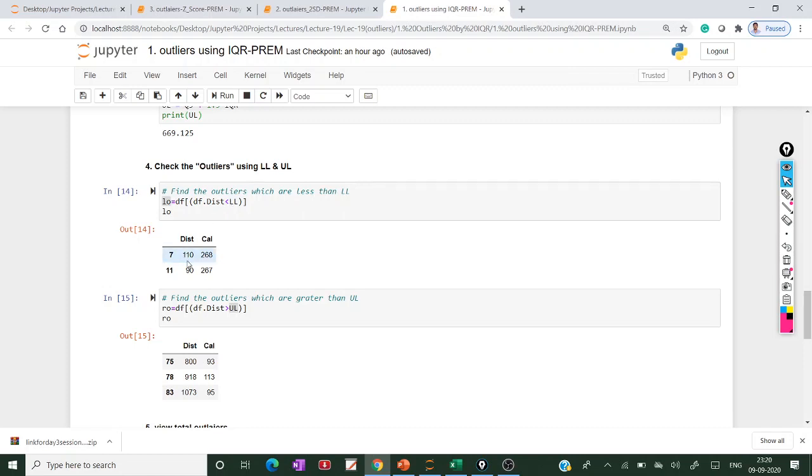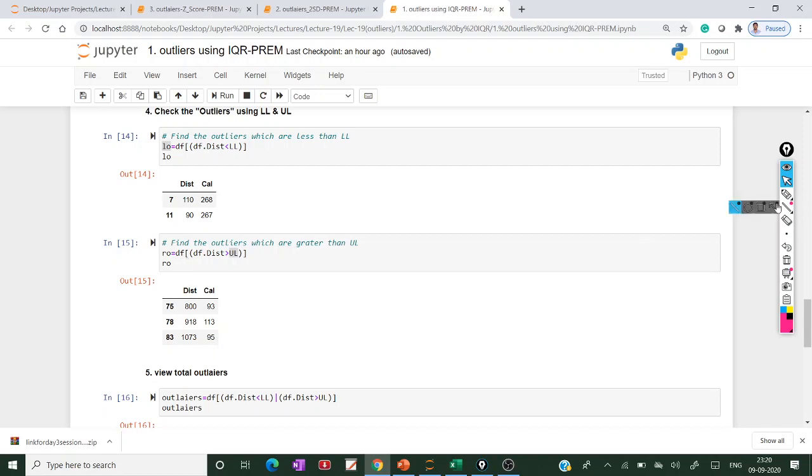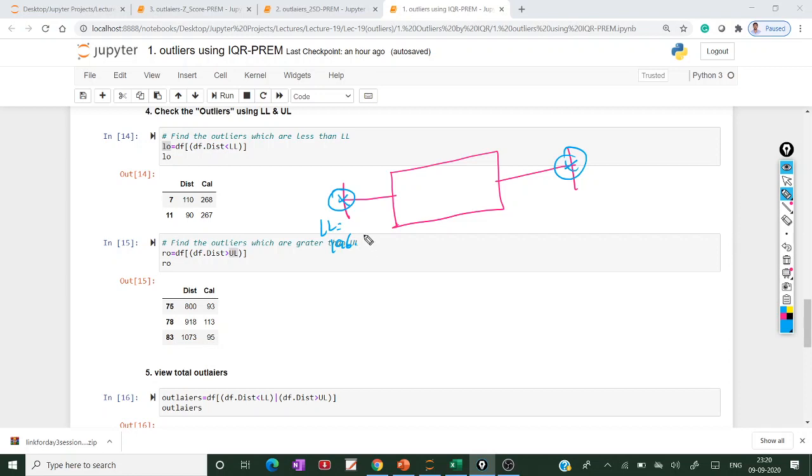The lower limit is 196.125 and the upper limit is 669.125.